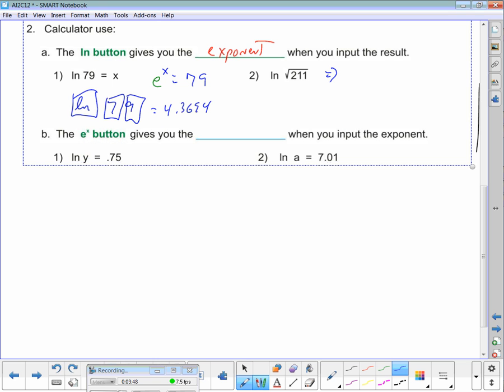And so go ahead and do number 2. Again, you don't have to change form. I'm just trying to show you how to figure out if your answer makes sense.